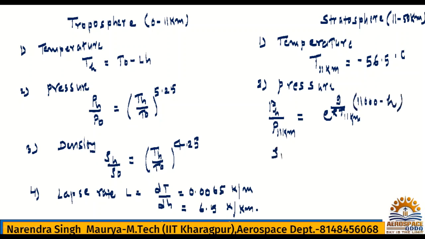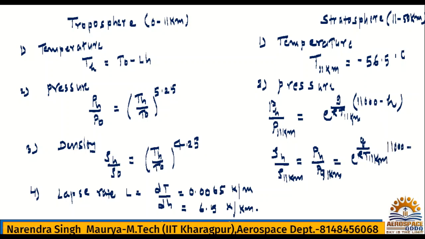Similarly, the density will be rho H by rho at 11 kilometer, the same as pH by P11. So this is the formula, with RT at 11 kilo. We'll solve problems and it will be very clear. Don't worry. Okay, this is the density.